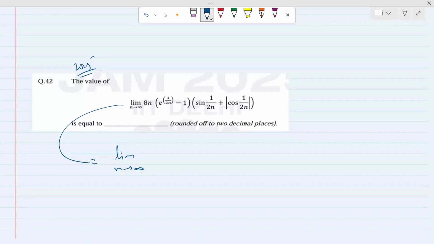Then it will be easier to solve, and then we can expand e to the x, sin x, and cos x, where the least term will be dominating. That will be the easiest way to get the answer. Okay, so you want to say let's replace n by 1 by n, then n tends to 0.